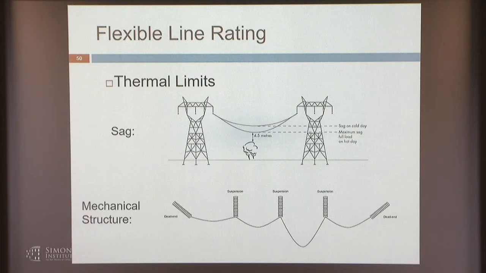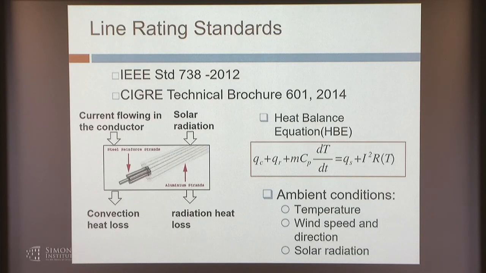But you have to recognize that there is some thermodynamics involved there. If you look at the physics, this is the heat transfer equation that shows the rate of heating of the line, which is a function of the current squared times the resistance of the line. And of course, it's also affected by ambient conditions and so on.